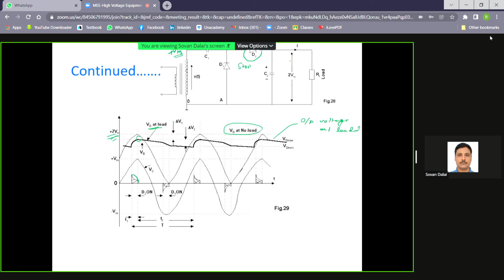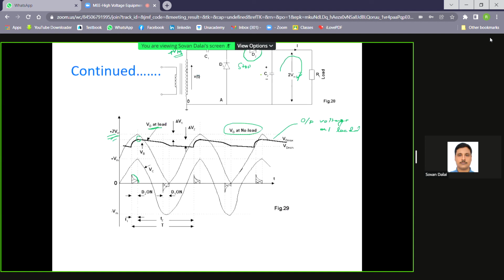After that, current continuously discharges from the C2 to the load, or you can say C2 discharges through the load.